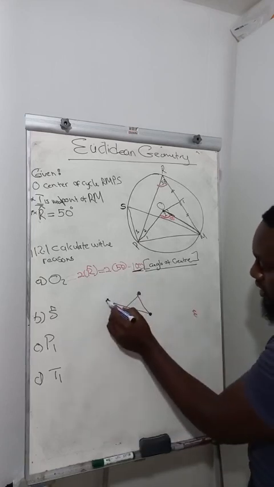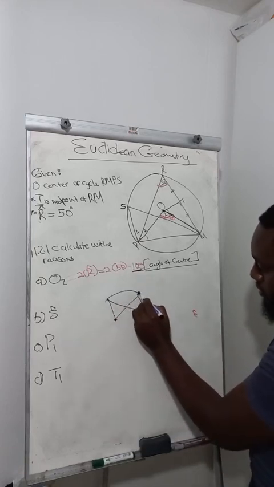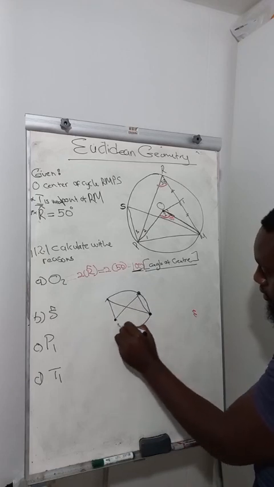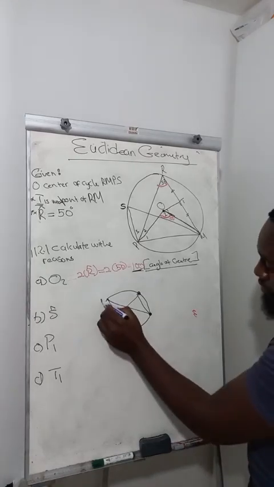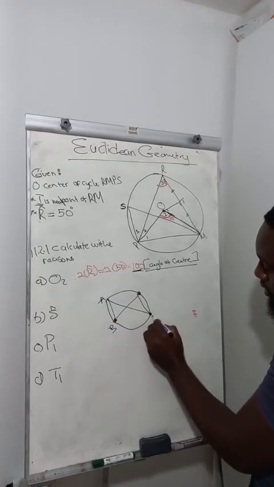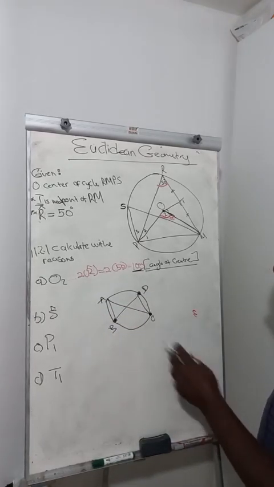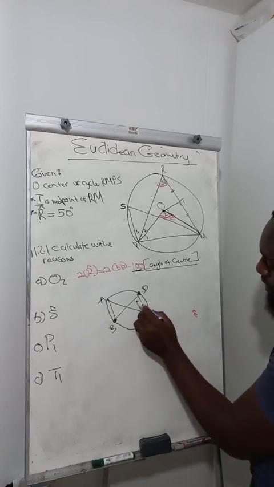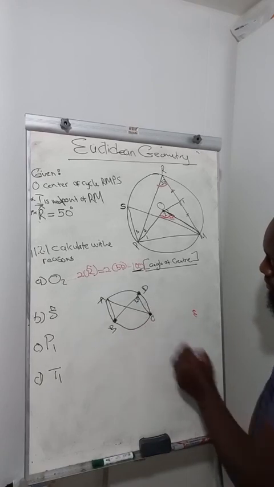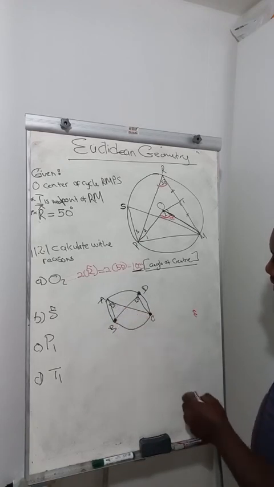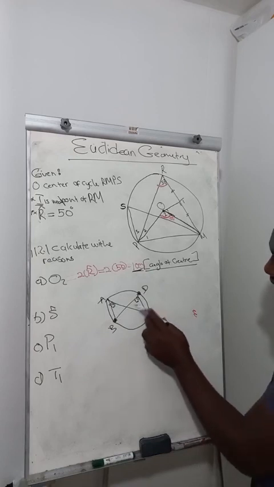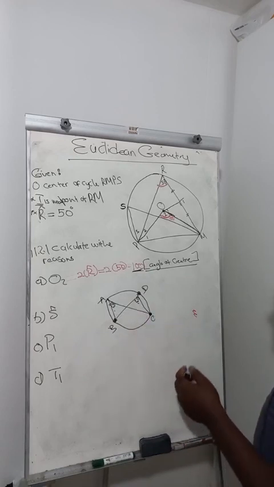So in this case, it will look like this, and then something like this. If I have A, this is B, this is C, and this is D. If I say maybe this is 60, and then I ask what is this angle here, you can say this angle here is also 60. The reason you'll say is angles in the same segment.